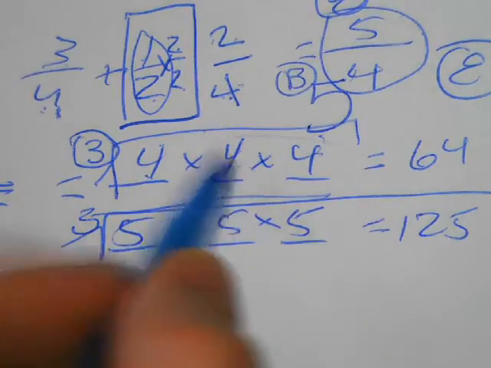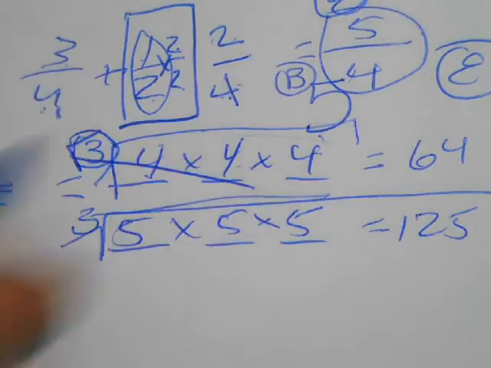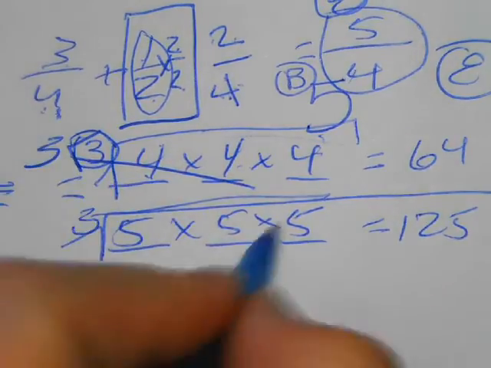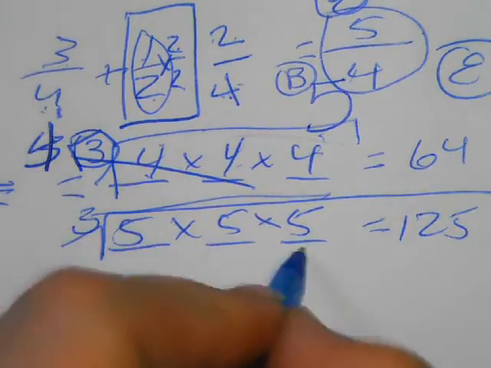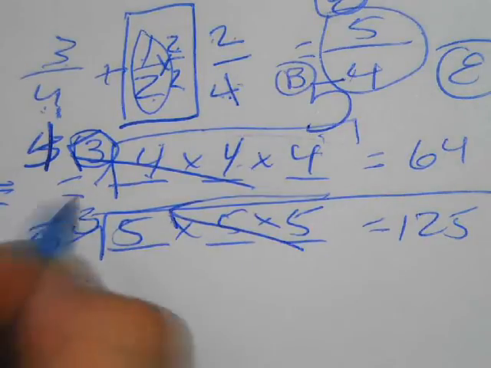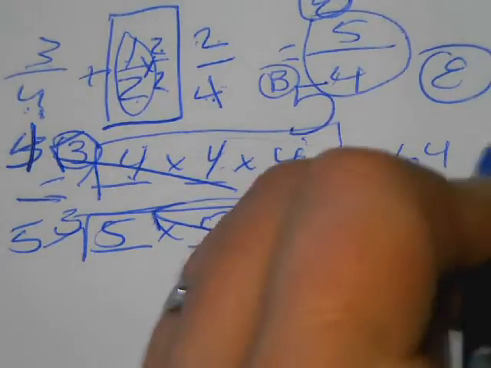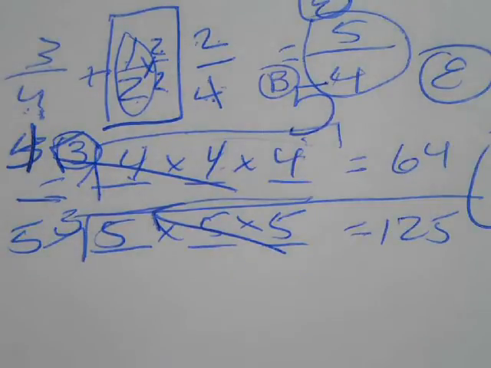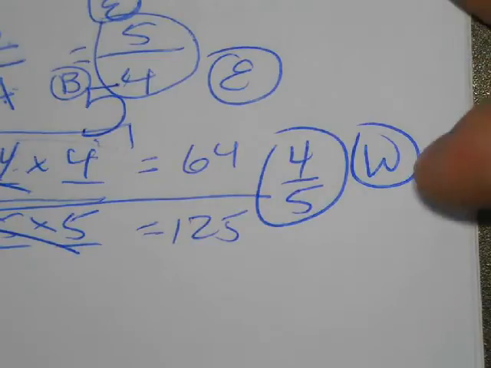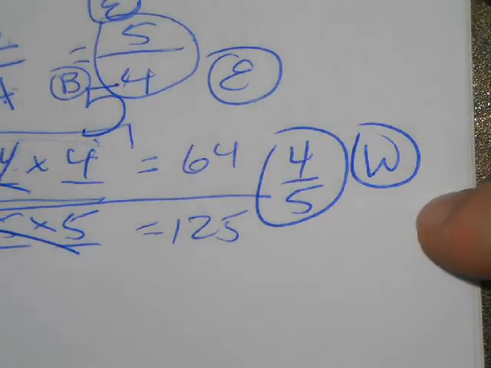So this whole numerator is going to simplify to 4, and this whole denominator will simplify to 5. So you could list your final answer as 4 divided by 5. All right, 4 divided by 5 is W. Cool.